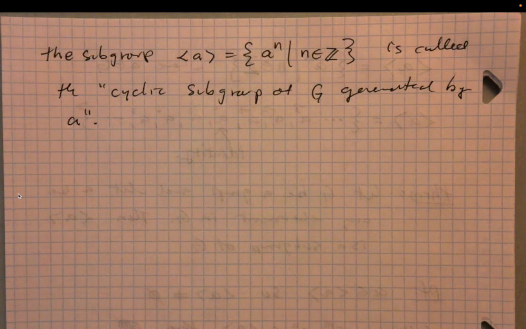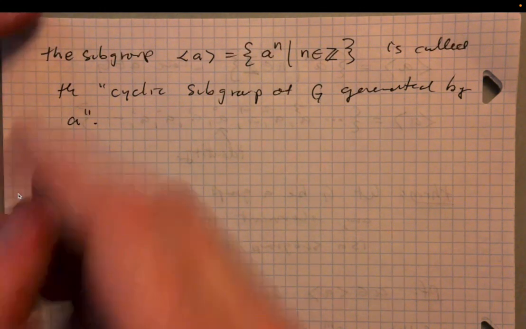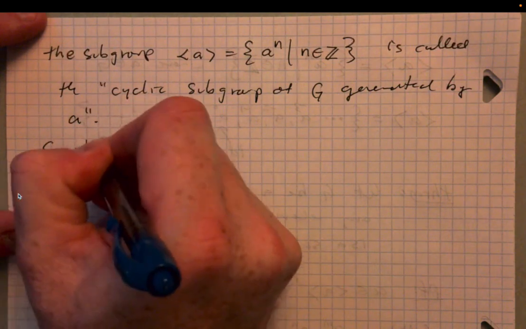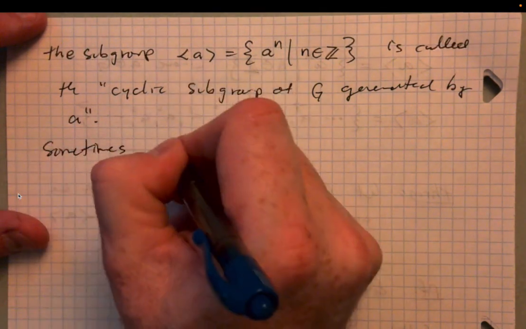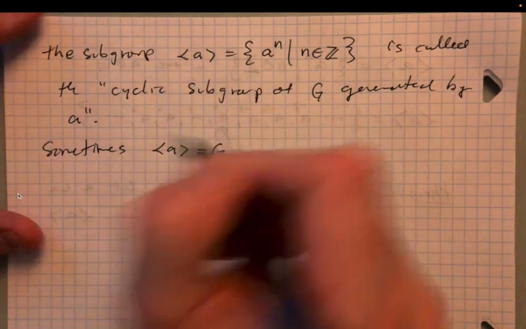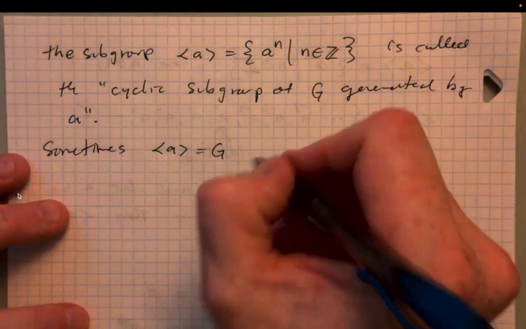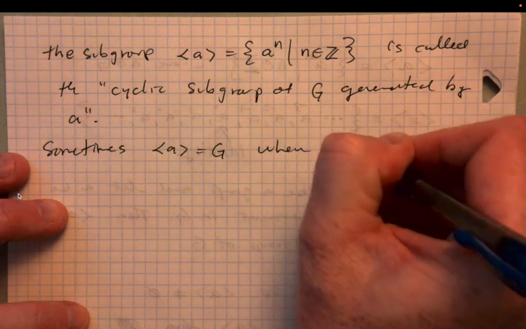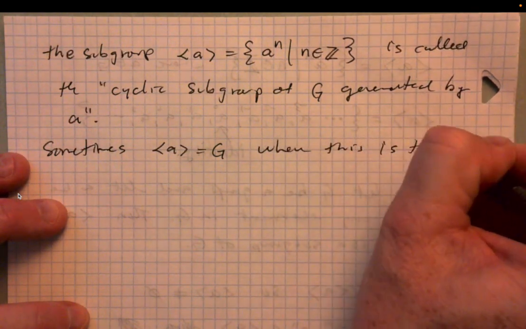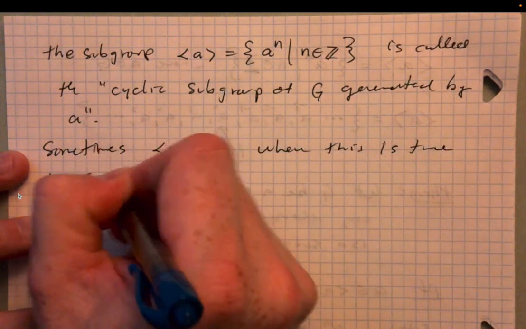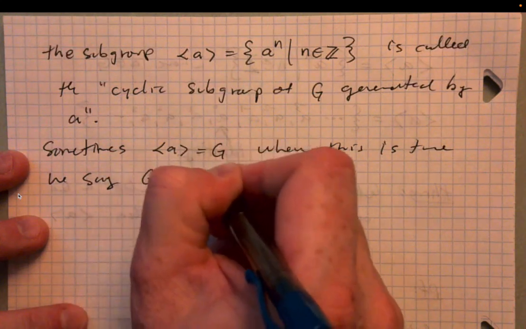Okay. Now, sometimes A will equal G. Sometimes the whole group can be generated by this thing. And in that case, we say that G is cyclic. When this is true, we say G is a cyclic group.